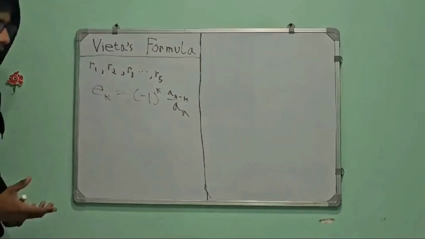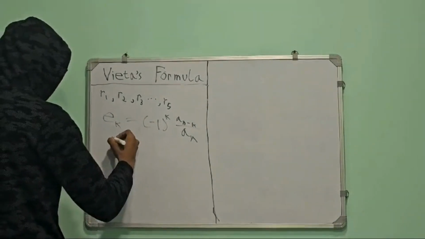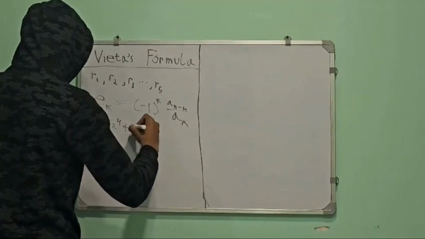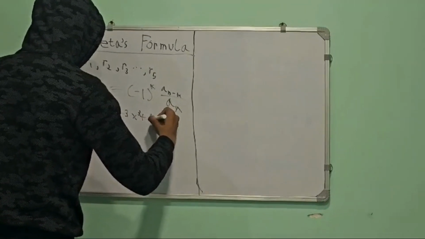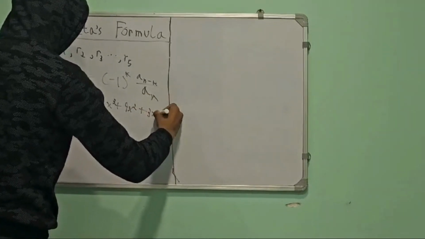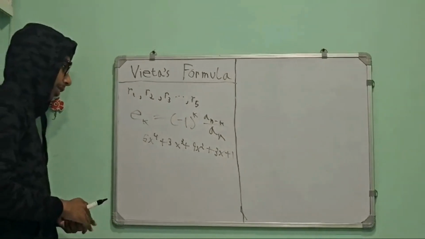So what is this? Let's see an example. Let's say we have an equation like 5x to the 4 plus 3x cubed plus 9x squared plus 3x plus 1. This is just a random polynomial that I made up.